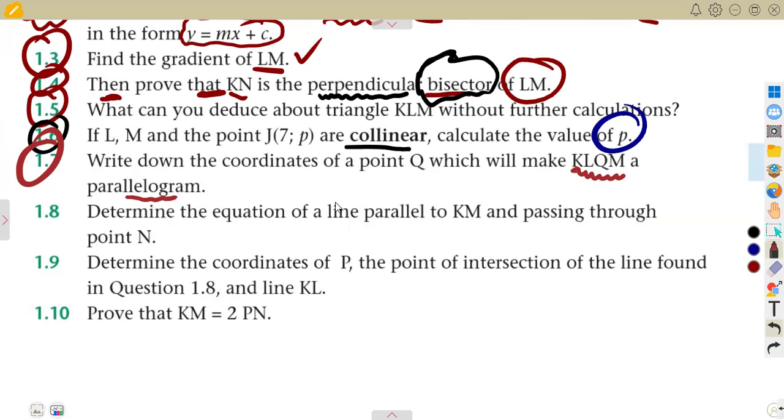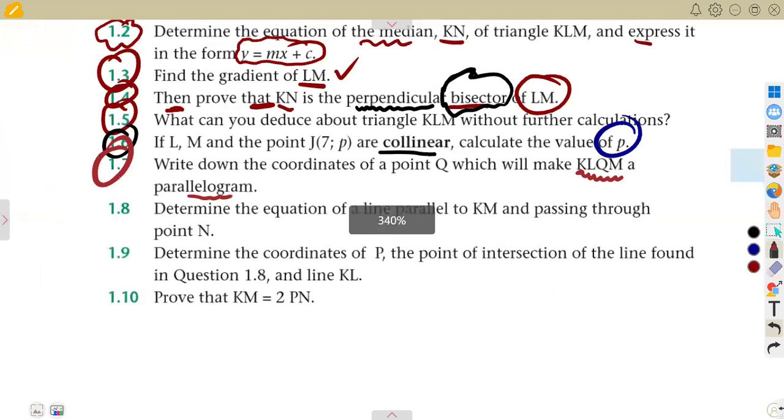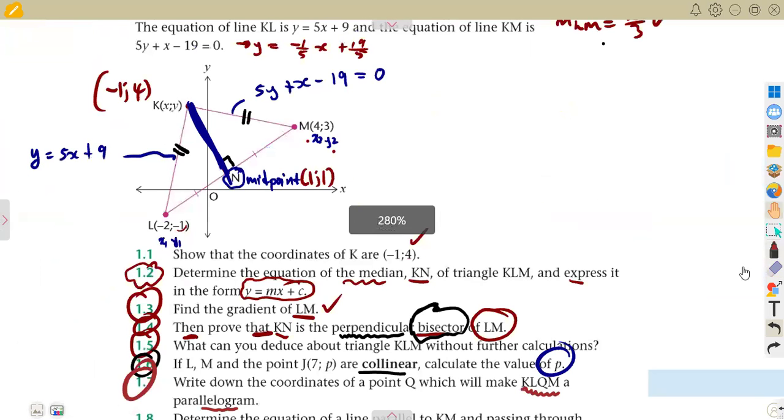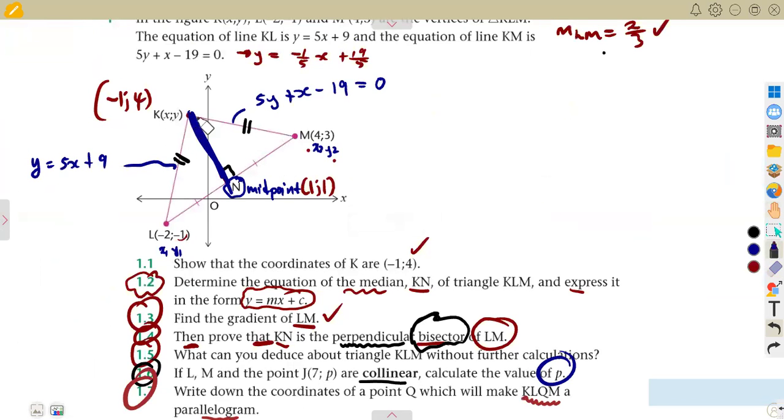Let's check where we have these points, K and L. Whenever you are given this, you are supposed to follow the order that you are given. The order is important. You need the coordinates of Q. You do not know this point Q, so you can just call it XY.